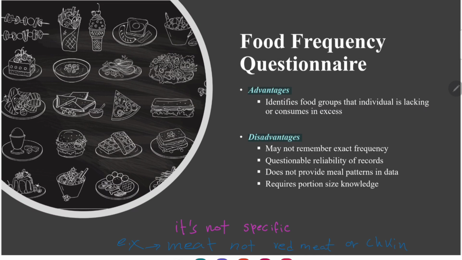بالنسبة لل disadvantages, it might not remember exact frequency. فالشخص ممكن ما يتذكر إيش أكل بالضبط أو العدد المرات اللي أكل فيها the frequency.